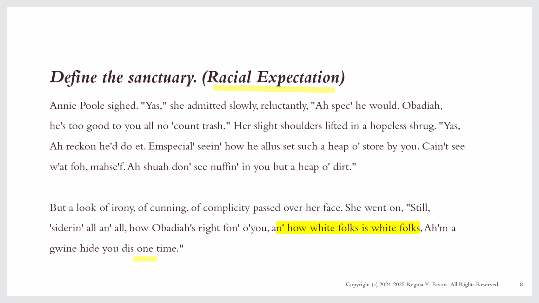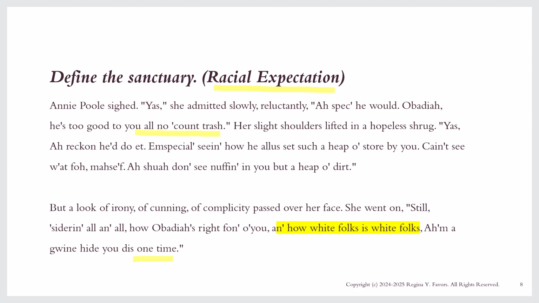She's going to do it just one time, but in some ways, because we know how white folks are, according to Annie Poole, that one time may not actually be one time, but she's just saying, okay, just this one time. And so she's calling him a no count trash. He's no good, right? And her son is much better than him, but he shouldn't trust him either.